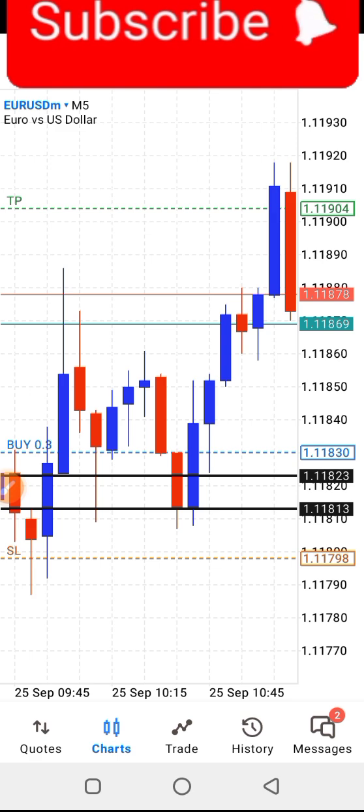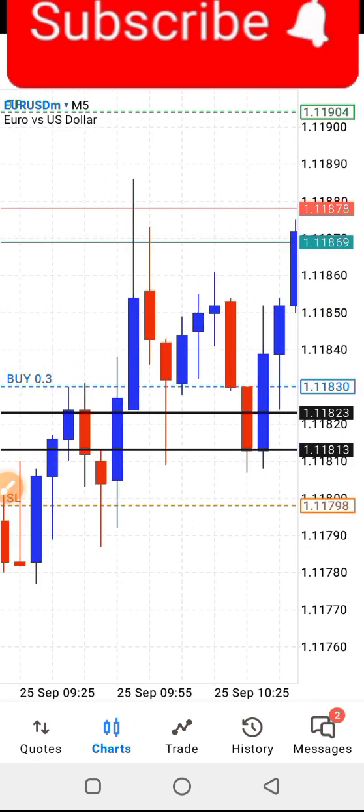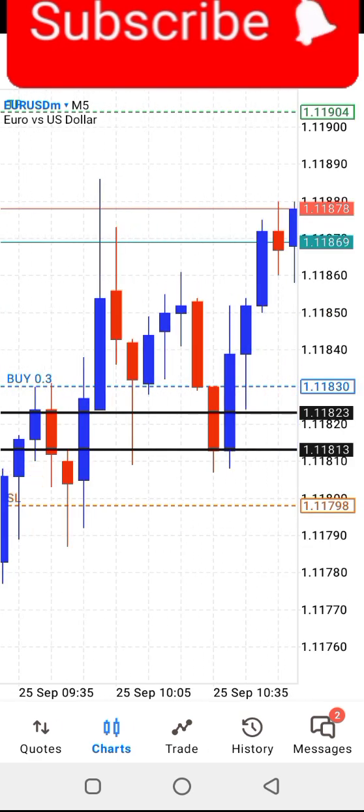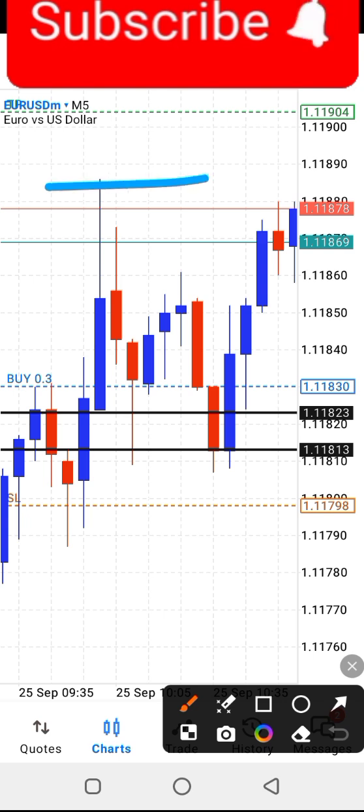The only thing that was giving me some form of assurance is that this high right here has not been taken. So the market could still want to go and take the liquidity above it, but I need extra confirmation to enter, because the market has already tapped into the fair value gap. My extra confirmation was that I wanted to see something like a bullish candle.